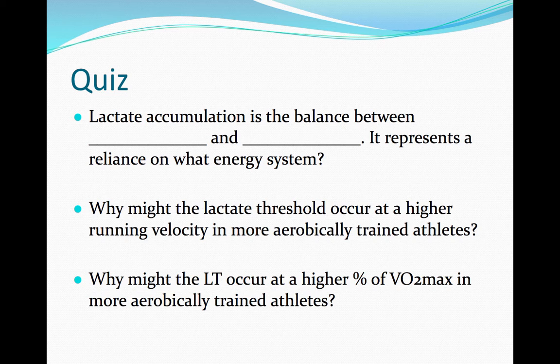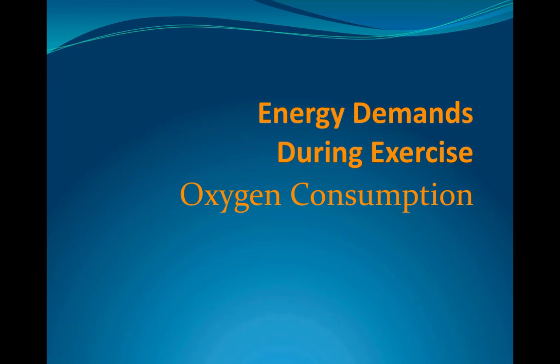And why might lactate threshold occur at a higher percent of VO2 max in more aerobically trained athletes? That's because you clear lactate better, right? Like I said, you've made adaptations and you're also clearing the lactate better. Hopefully, you've also been training with some of those methods like intervals that are going to allow that lactate threshold to shift to the right.